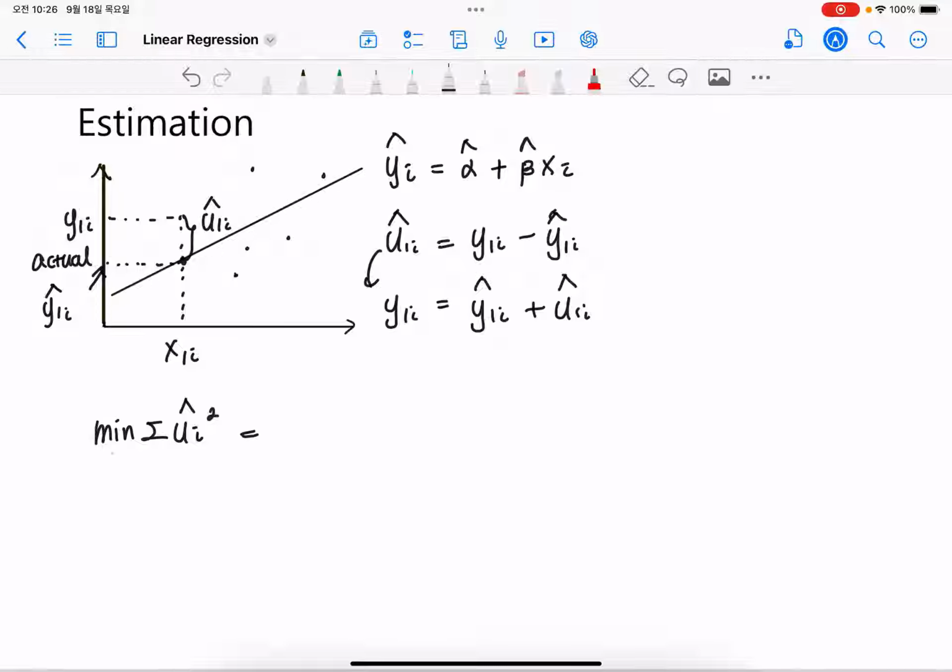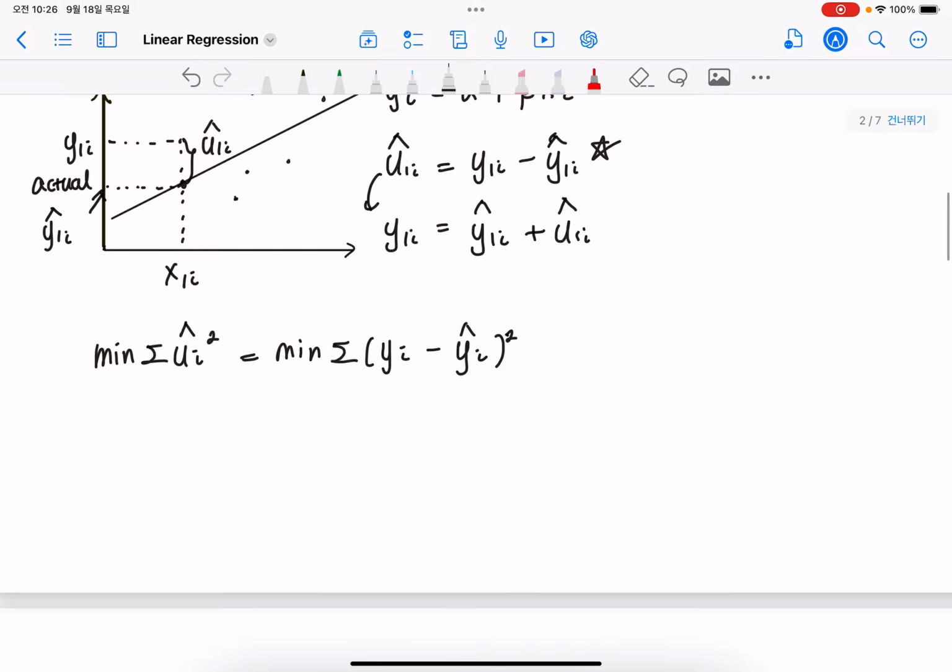Let me rewrite this with the term that I have put right here. So instead of ui hat, let me put the yi minus the yi hat squared, right? This is going to be a minimum.